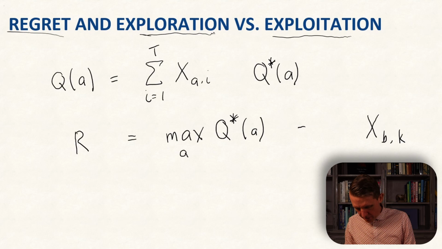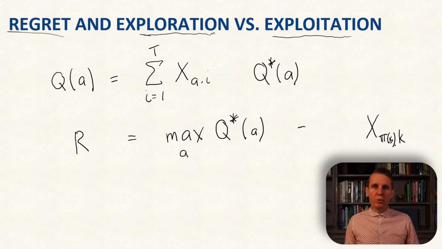So in that case, we're going to substitute this B over here with the expression pi(K), which is the arm we would pull on round K. And we're going to define the regret of policy pi for the first T time steps.